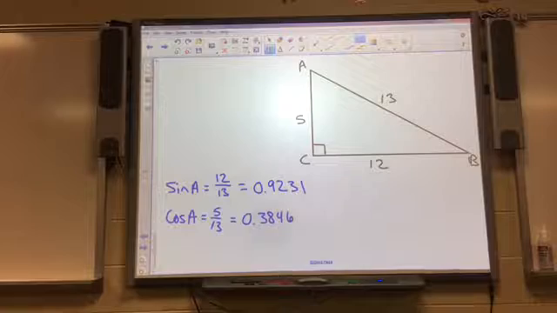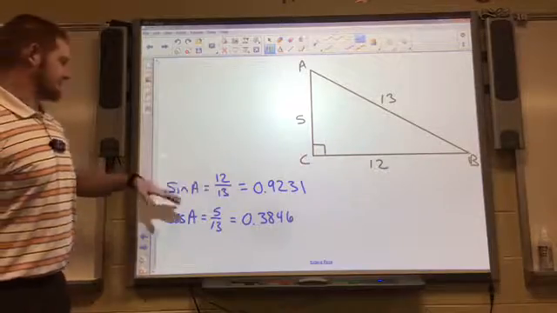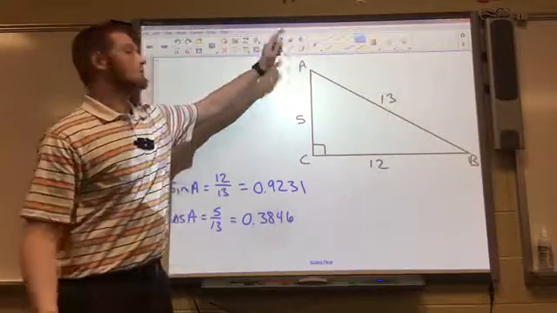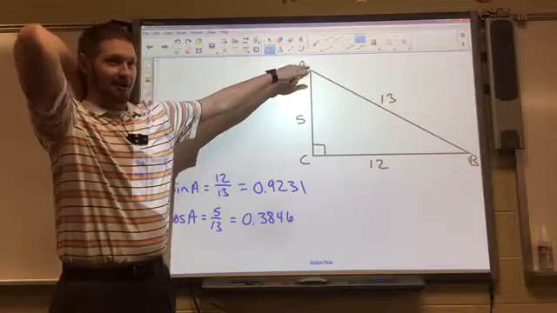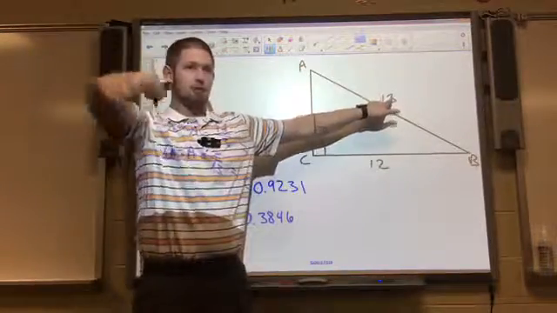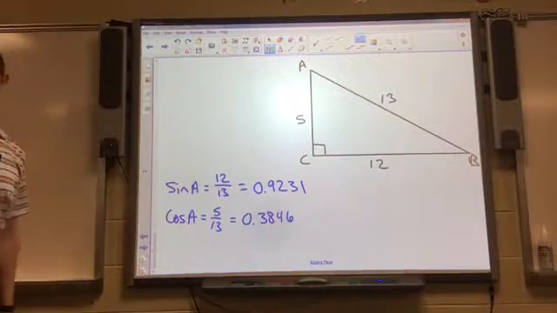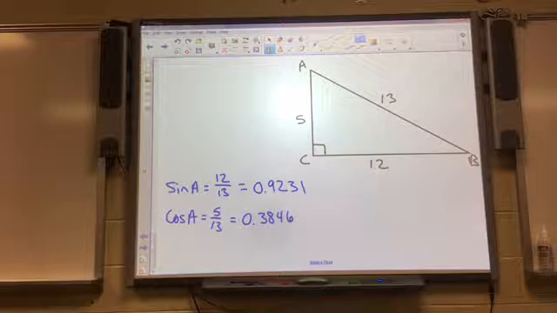Are we pushing the sine, cosine, tangent buttons yet? Or right now we're just dividing two numbers, right? Because to find the sine of that angle, if they tell me to find the sine of A, you just need to take the opposite and divide it by the hypotenuse. Okay, don't use the sine button yet. We'll get to that in a little bit. It's the sine, cosine, and tangent. We're gonna use them to find side length, and we're gonna use them to find angle measures later.